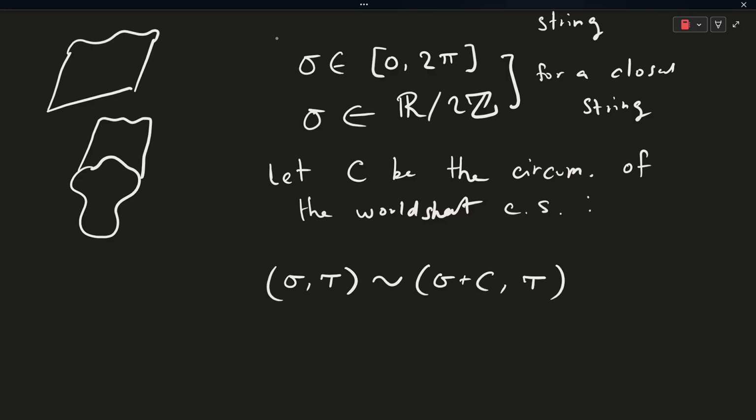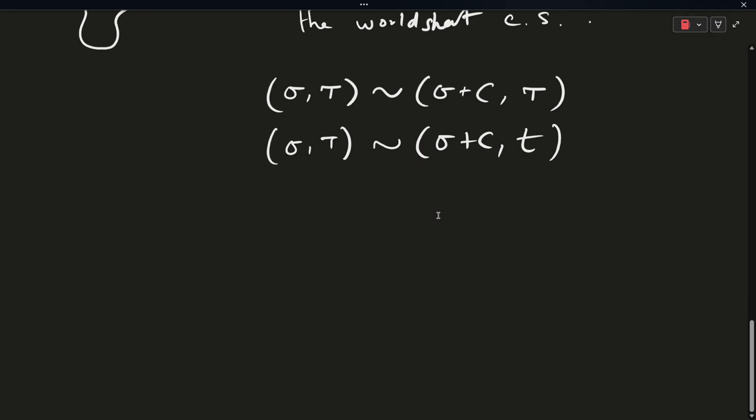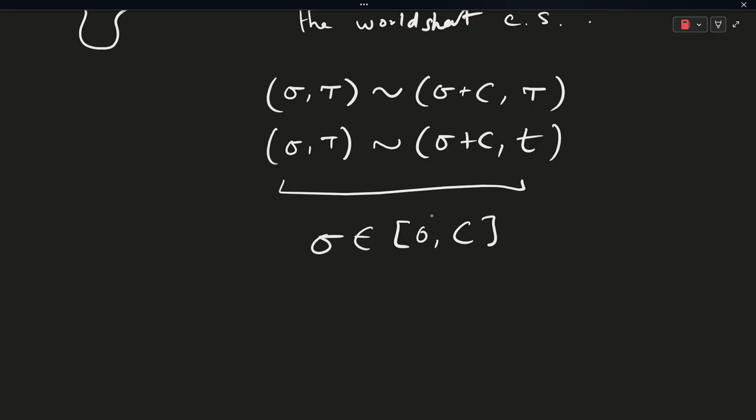Now in the static gauge, I would then have that sigma, tau is equivalent to sigma plus C and then some T. That's my static gauge for some hyperplane T. So now, because of this, my sigma will be restricted to 0 up to C for the closed string.